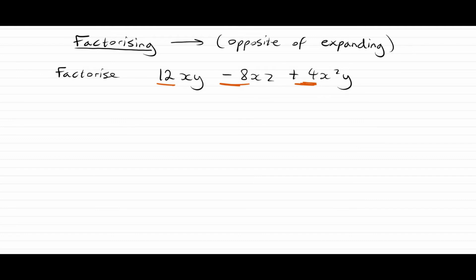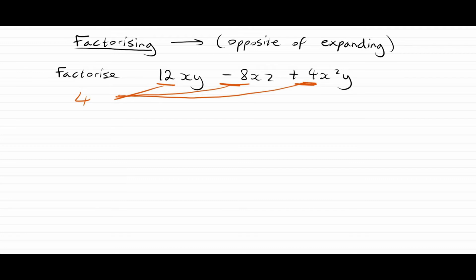And I'll think to myself, what can I take out from each and every number? And what I have figured out I can take out from the 12, the 8, and the 4 is a 4, funny enough, because 4 times 3 gives me 12, 4 times minus 2 would give me minus 8, and 4 times 1 will give me 4, okay? So that's that one done.